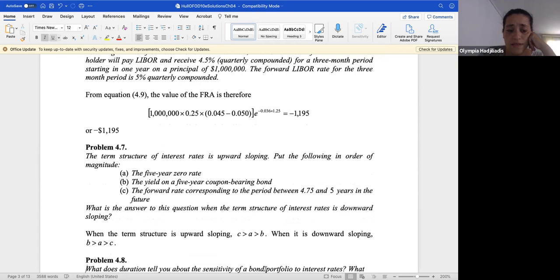When it is downward sloping, the yield on a 5-year coupon-bearing bond will be the biggest. The 5-year zero rate will be smaller than that, and then the forward rate corresponding to the period between 4.75 and 5 years in the future will be smaller than the 5-year zero rate.